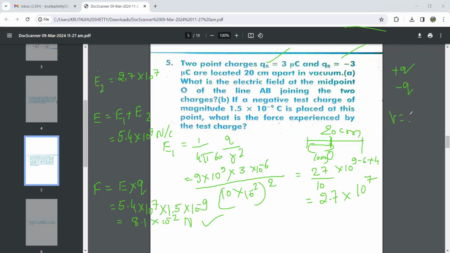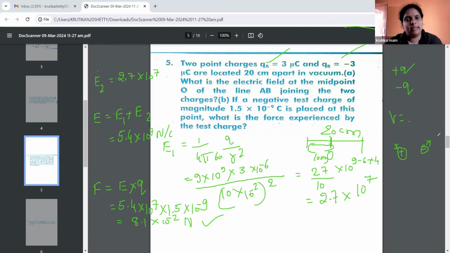In the next chapter you will understand the difference. Just remember that for the electric field intensity calculation, there is no need to use the negative sign, because the negative sign only tells you the direction of the electric field lines, whether inward or outward. It is not exactly positive charge or negative charge.